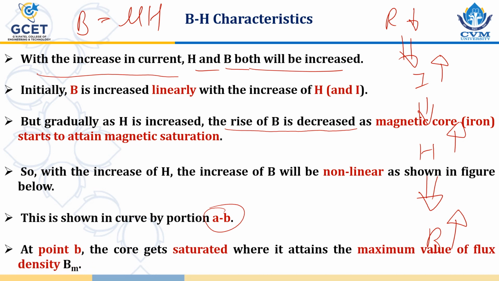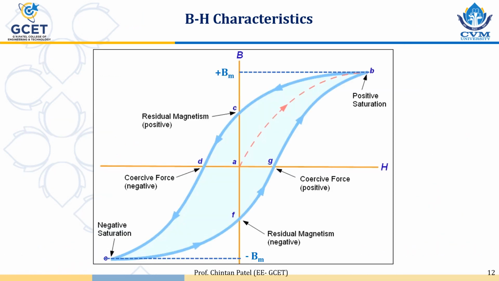So let me show you the diagram. Starting from A, initially when the current is 0, B and H both are 0. When we reduce the resistance, current starts increasing. This will increase H and H will generate B. So we will get this type of curve. Up to this point, this graph is linear, and after this point the graph is a curve.